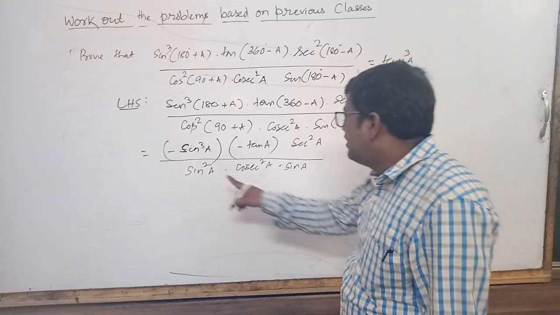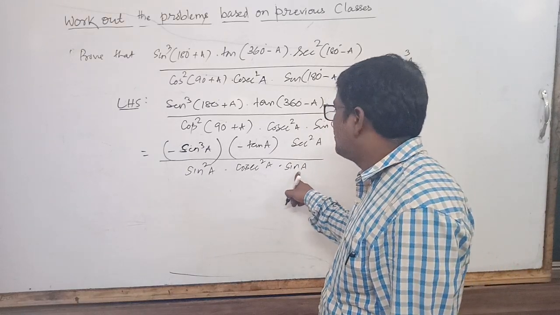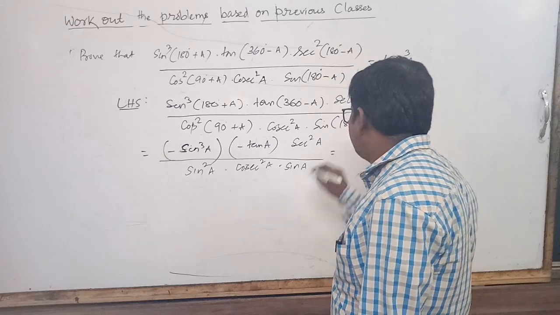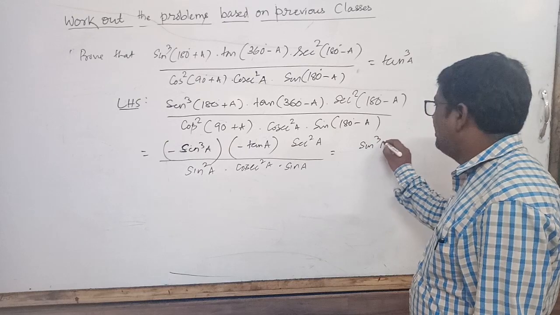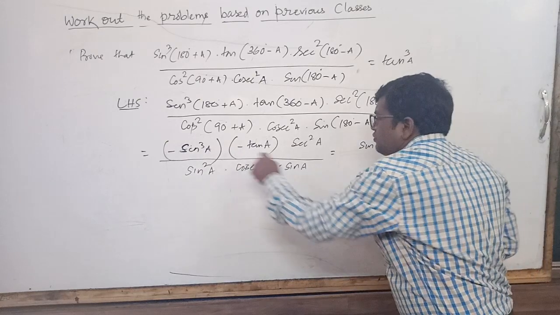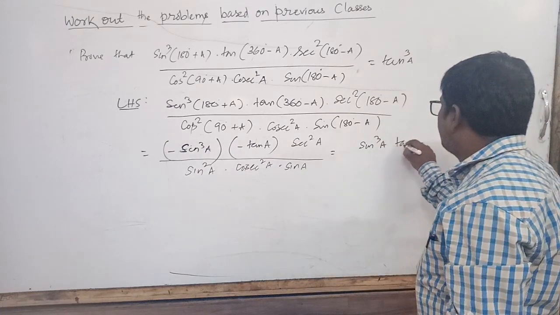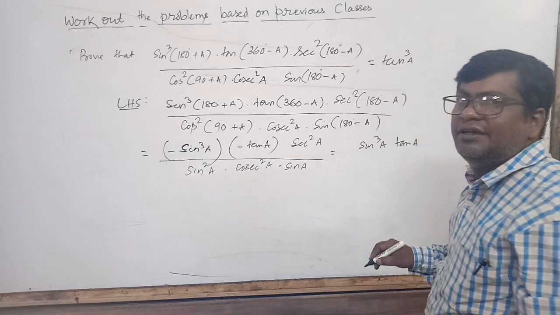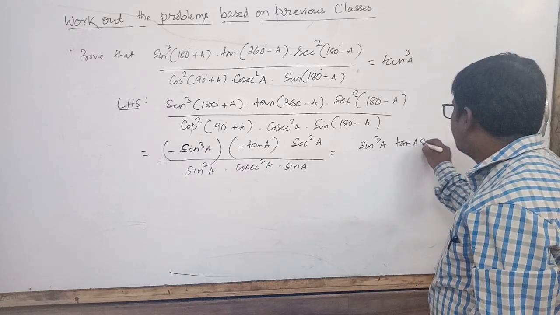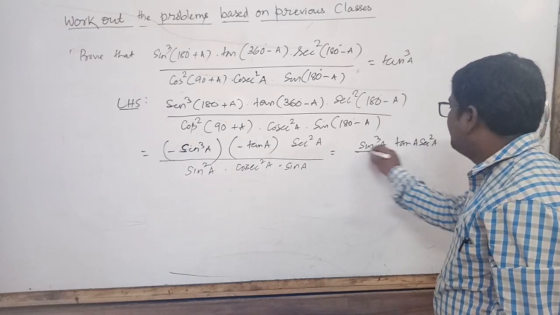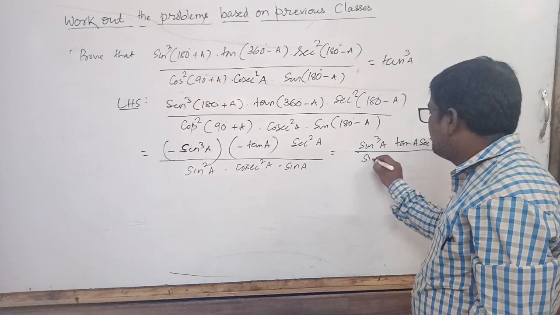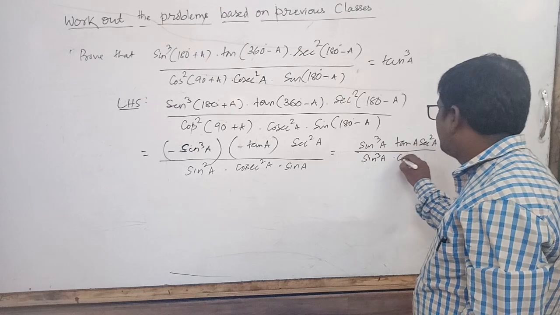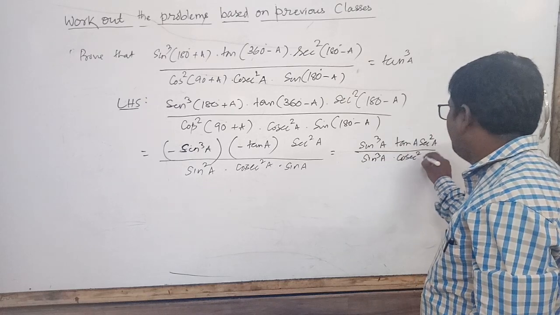Sin square a into sin a is sin cube a. So we can write here minus sin cube a into minus tan a into sec square a divided by sin cube a into cosec square a.